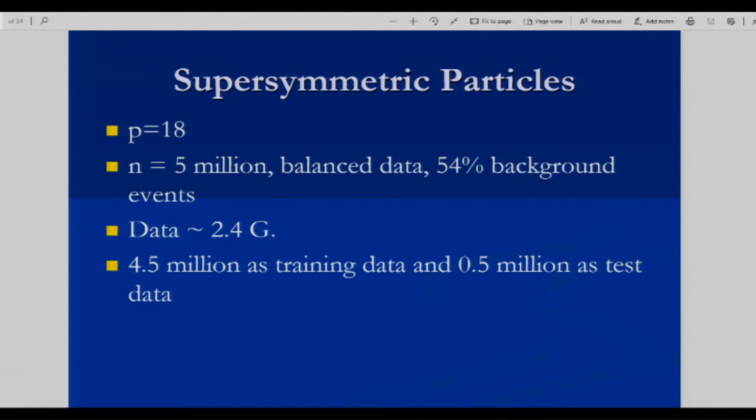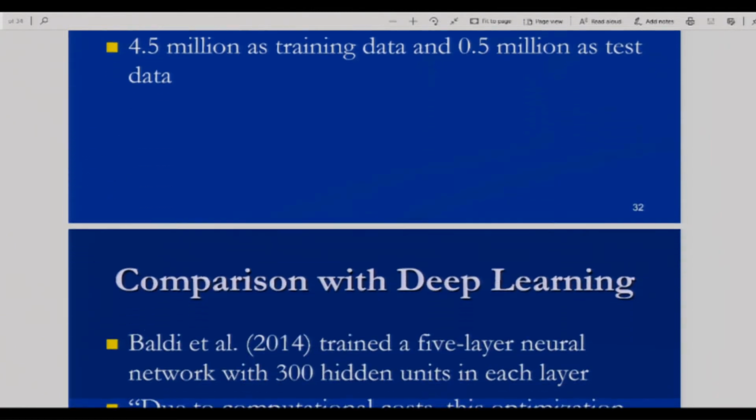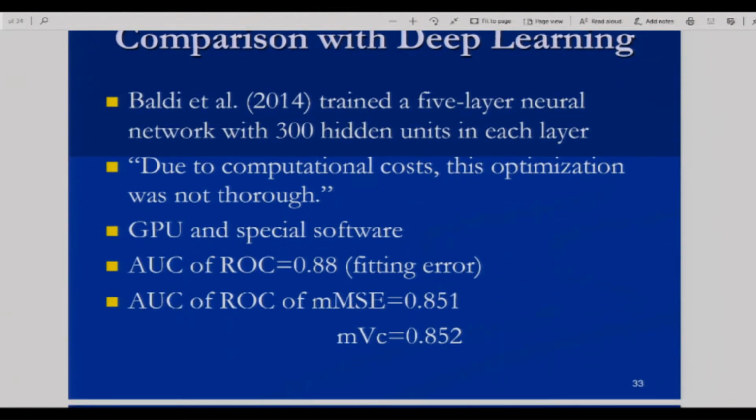What the original paper did is they used 4.5 million as training data, and then they used 0.5 million as test data to test their classification accuracy. They trained 5-layer neural networks with 300 hidden units in each layer.